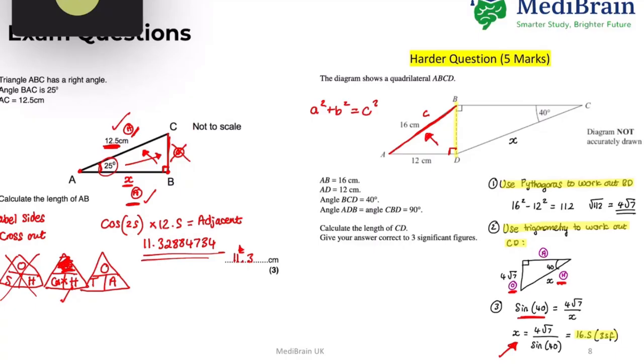So you should have done 16 squared subtract 12 squared, because you knew what A was. A was 12. That's A. And BD was B. So you needed to rearrange and do 16 squared subtract 12 squared because you already had the longest side in the triangle.